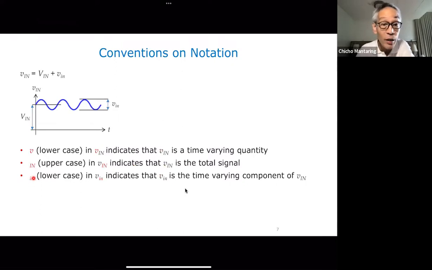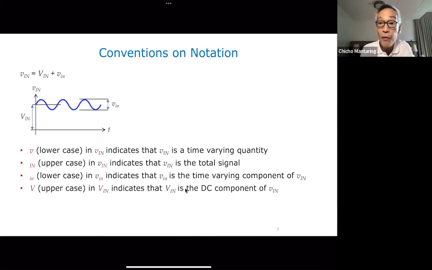The lowercase in in small v, small in indicates that this is the time varying component of V in. And finally, anytime you have an uppercase variable, that indicates that the variable is DC. It does not vary with time.